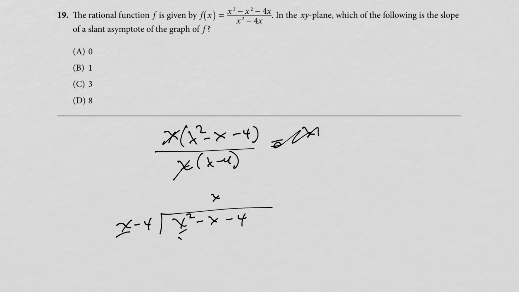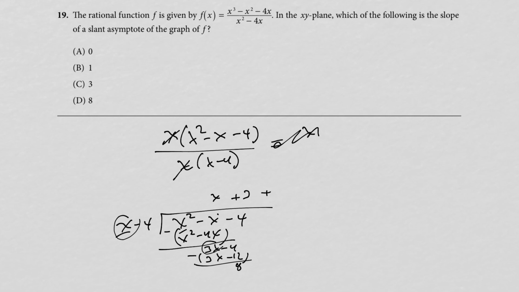x times x is x squared, so it's x squared minus 4x. Subtract. Confusing here, minus x minus negative 4x is minus x plus 4x, which is 3x minus 4. And then plus 3, because x times 3 is 3x, so 3x minus 12, subtract those. Careful here, minus 4 minus negative 12 is plus 8.